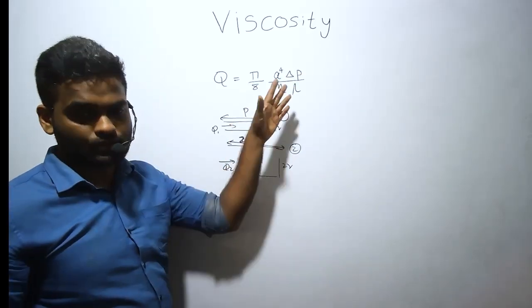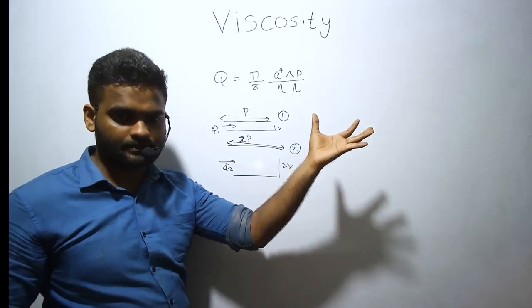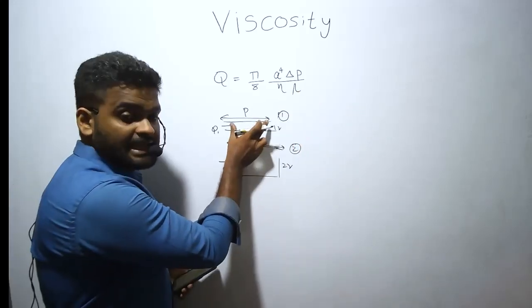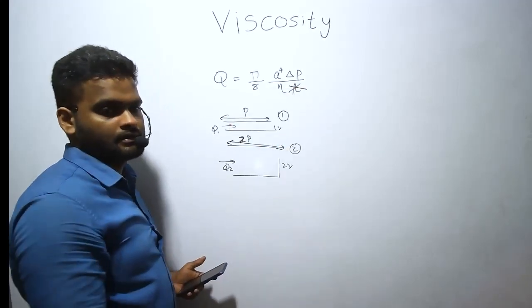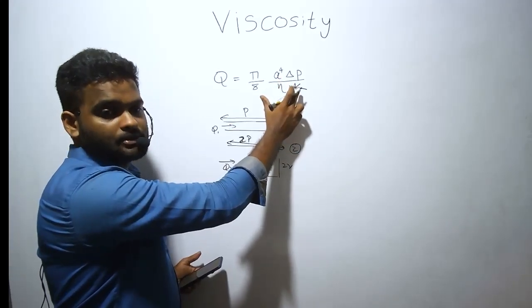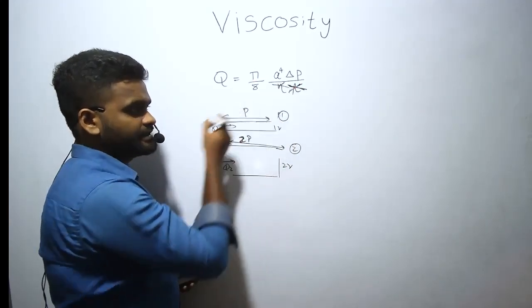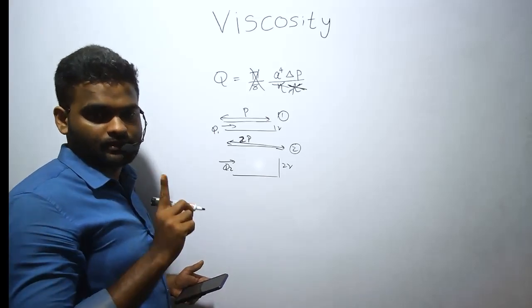Not only for this one, for other MCQs also you can apply this method. Yeah, let's see. They say length is the same, right? So get rid of length. First you have to build the proportionality. Get rid of length. Liquid also is the same. Get rid of eta. Pi over 8 is same. Get rid of pi over 8.